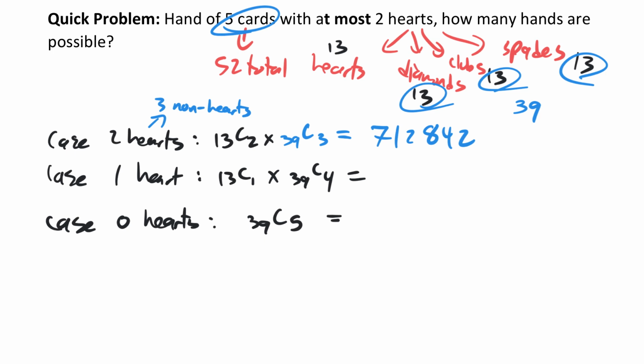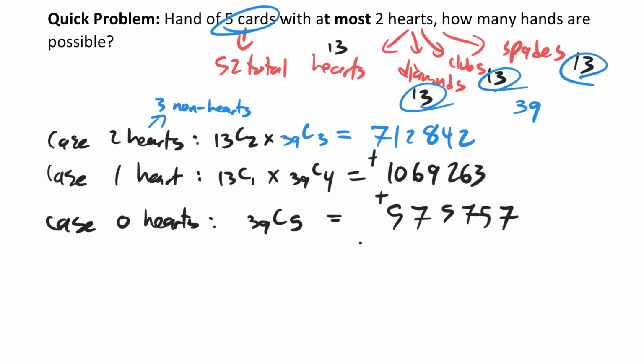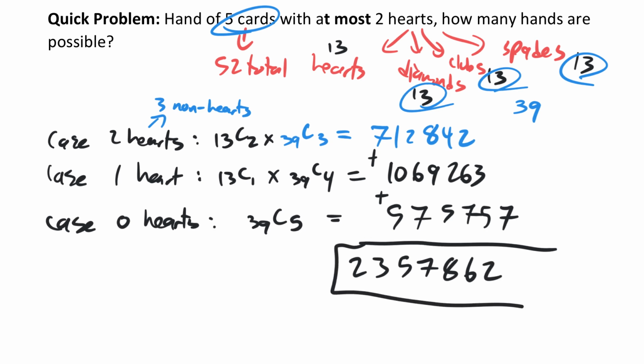Okay, 13 choose 1, 39 choose 4, 10692363, 39 choose 5, 575757. And so if we add these all together, we should get 2357862. So 2 million different possible hands that have at most 2 hearts.